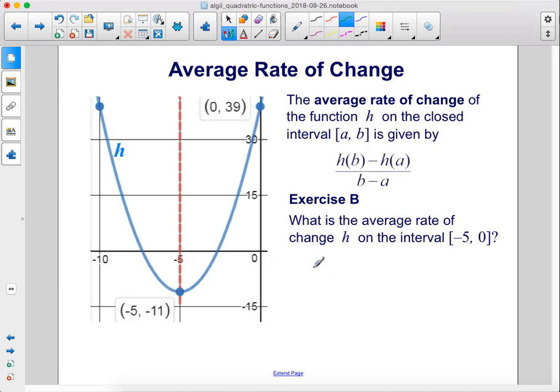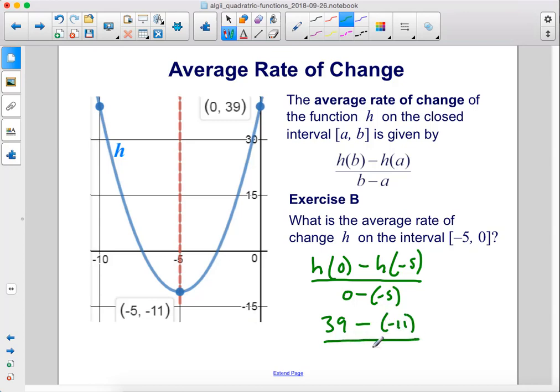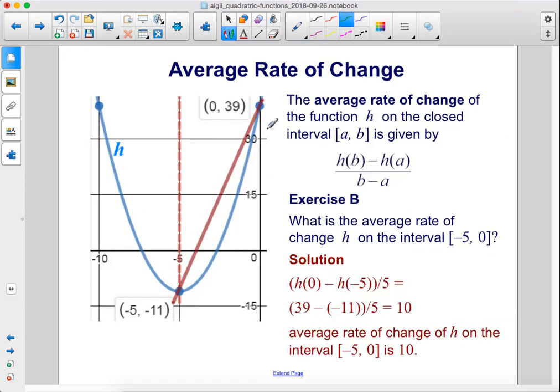All right, so we have h of 0 minus h of -5 divided by 0 minus -5. h of 0 is 39 minus h of -5, which is -11, divided by 5. 39 plus 11 gives us 50, divided by 5 gives us 10. And you can see that a line that connects this point to this point has a slope of 10.